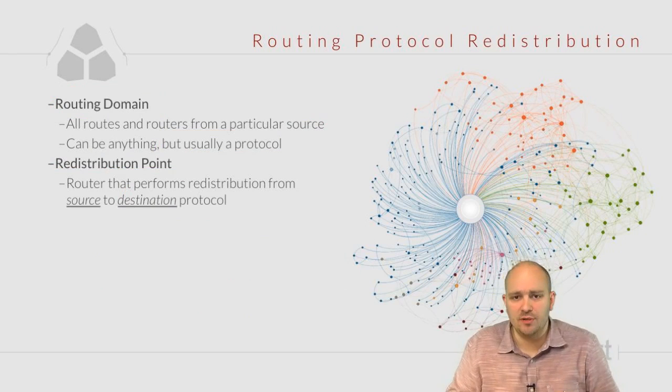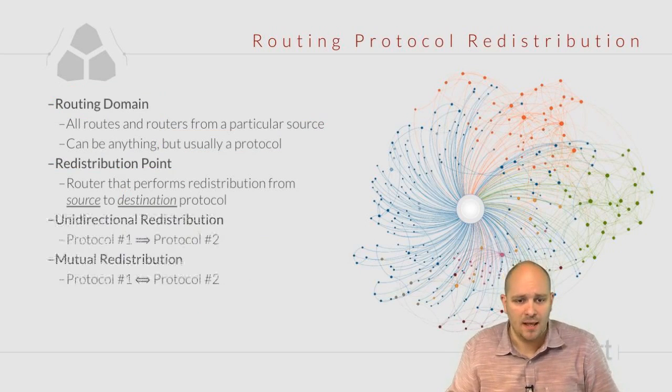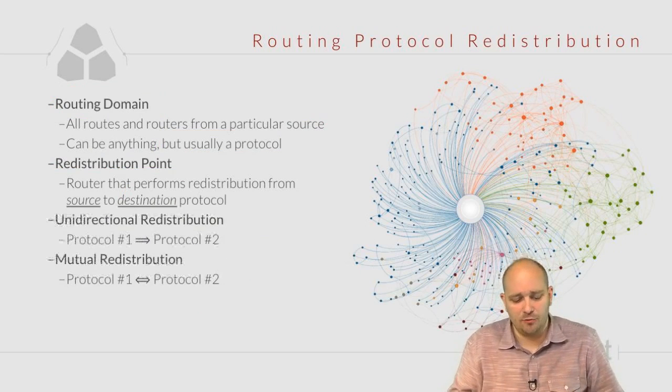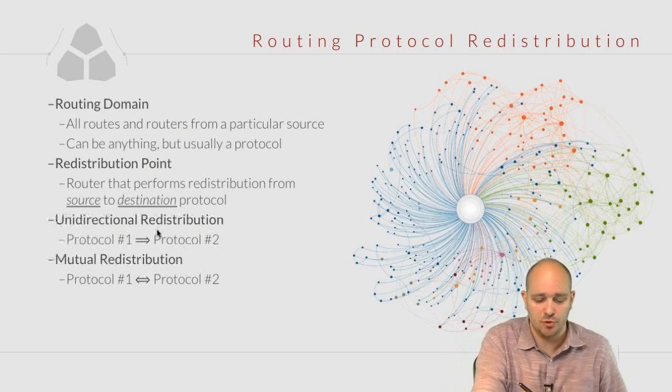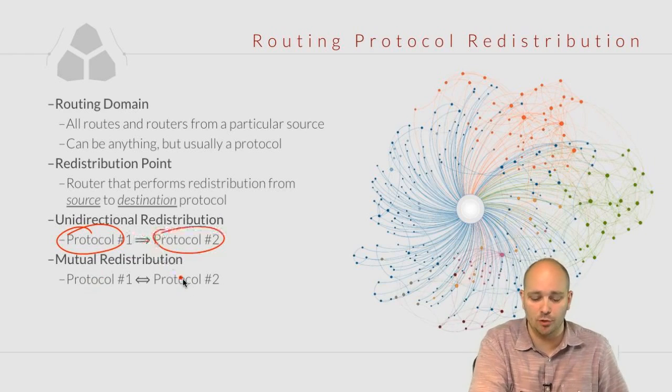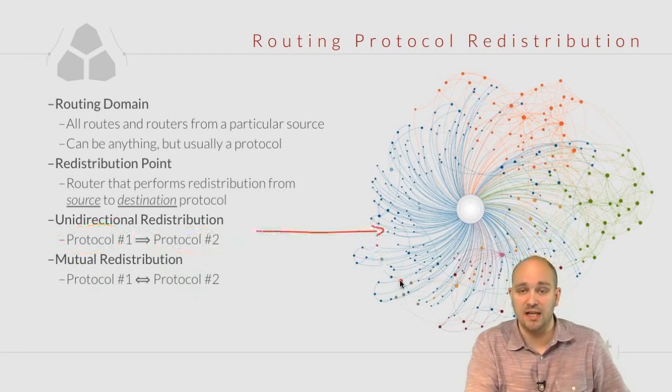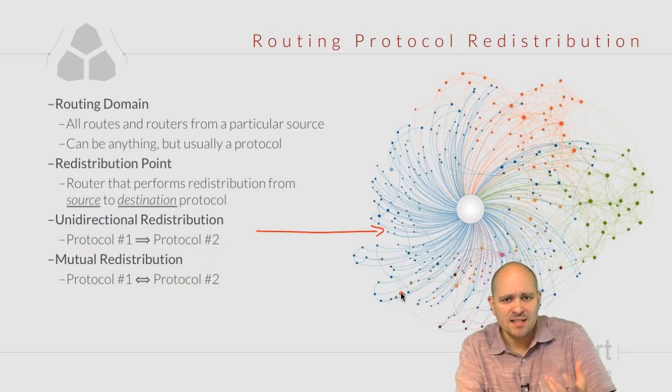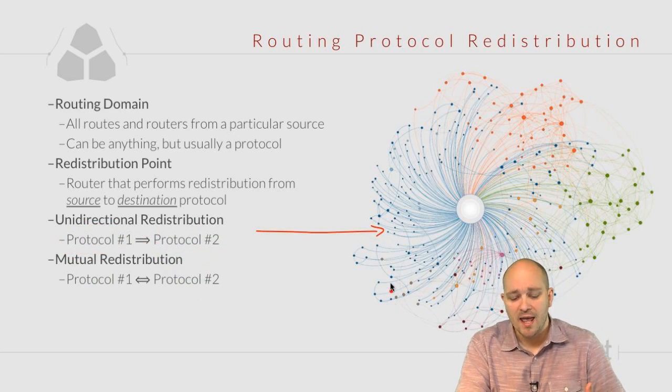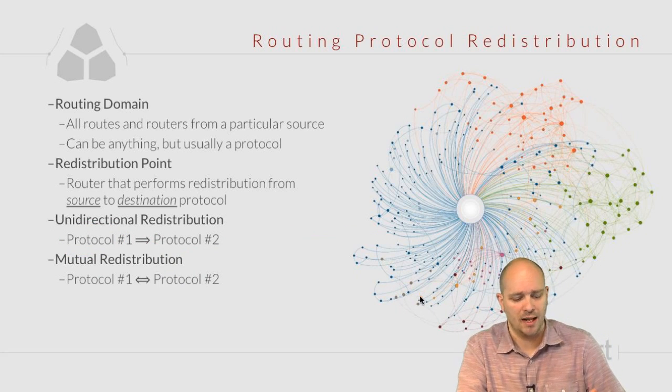But how can this redistribution of routes be done? Well, there is something that we call unidirectional redistribution, which is when we take the routes from one protocol and we redistribute them into protocol 2. In other words, we are simply going to redistribute in one way. Examples that we have done so far have all been examples of unidirectional redistribution.